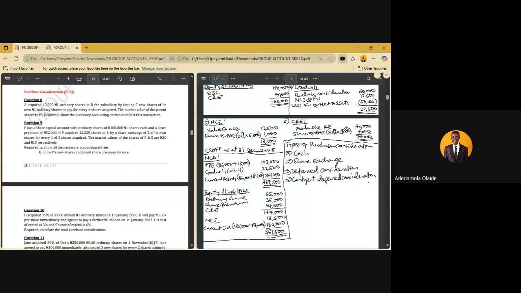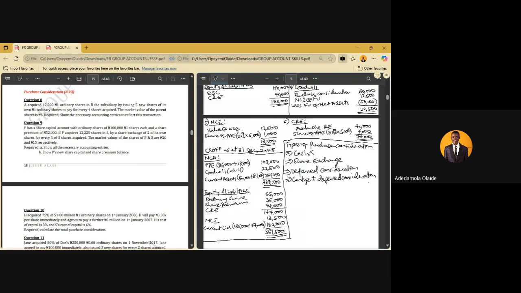Some people owned those shares before, or even if nobody owns them, it is the money the business needs to run. For you to own those shares, you must have paid the money for them. So where we are paying for it outrightly, paying immediately with cash, that's what we call cash consideration. In most cases where cash consideration is used, it would have been recorded, and the examiner will tell us it has been recorded.